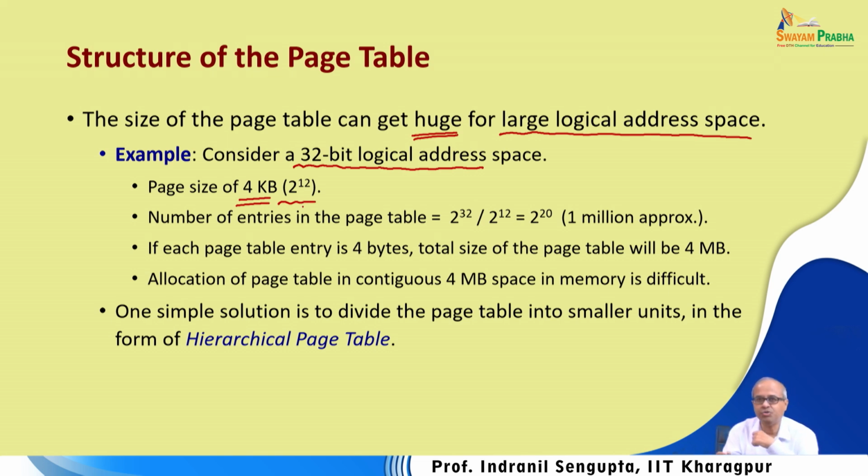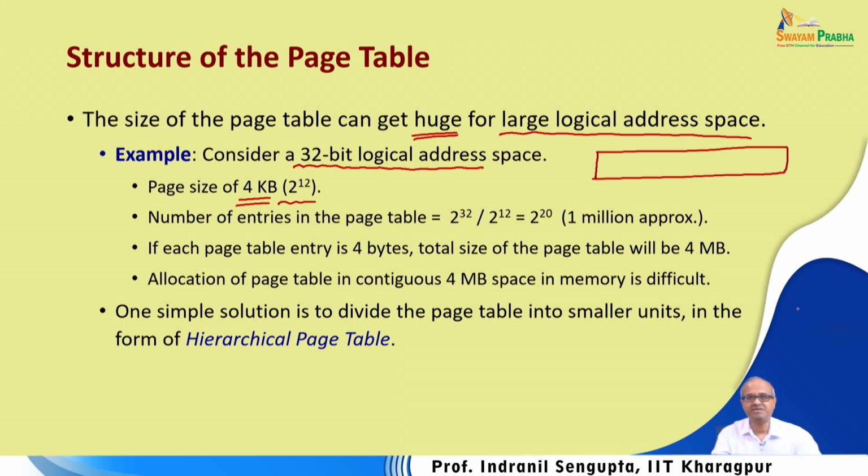So, if you split up this 32-bit logical address space, you will find that you will need 12 bits for the page offset and the remaining 20 bits for the page number. So, this will be your page number, this will be your offset d.